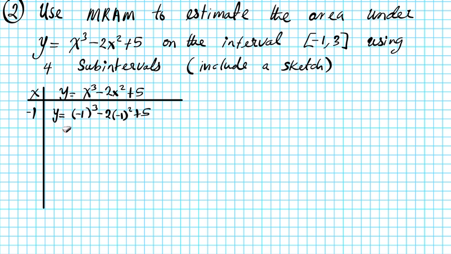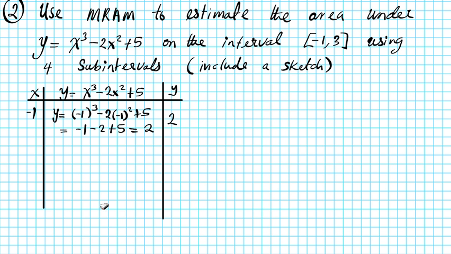Simplifying that, -1 to the third is -1. Minus 1 squared is +1, -2 is minus 2, plus 5. We have -3 plus 5 is 2. So our output for the input of x equals -1 is 2. That's what y is.